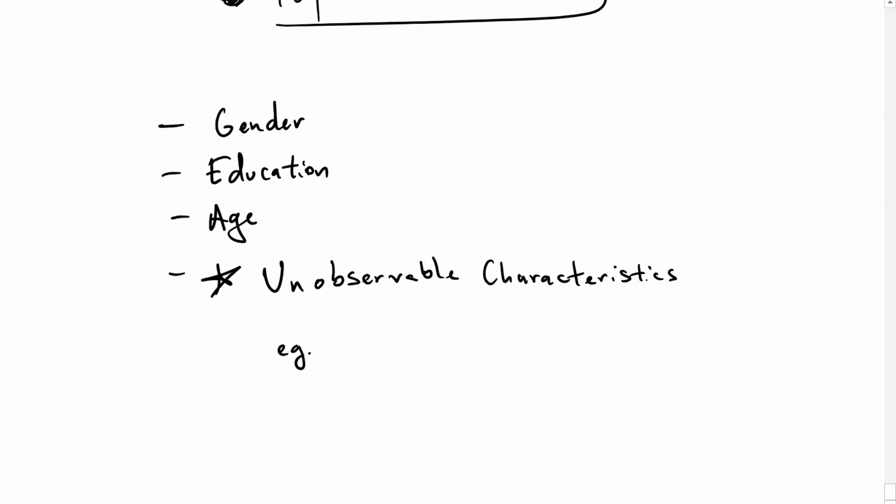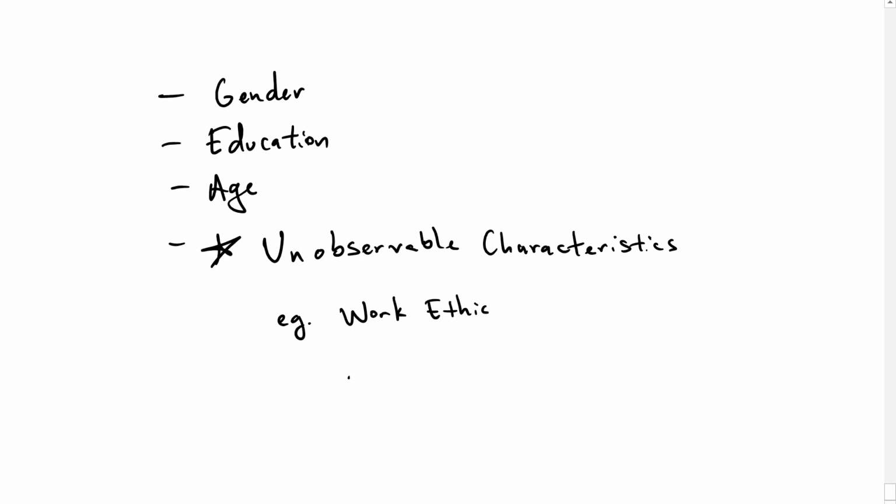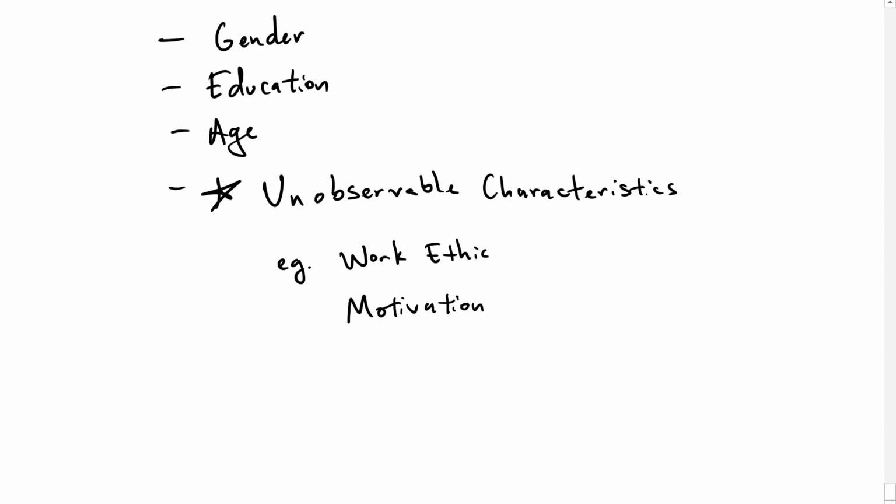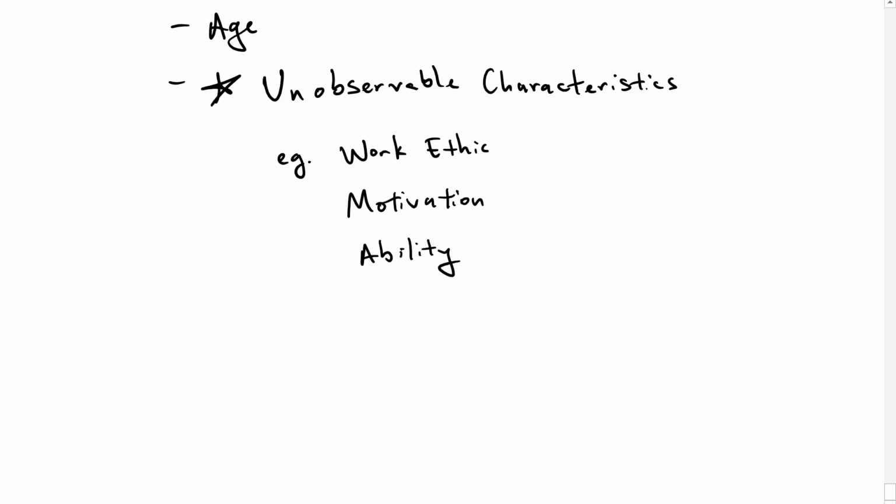A couple examples here could be something like work ethic, very hard to measure, or motivation, or just generally inherent ability. These are all hard to measure very directly, but let's say motivation.